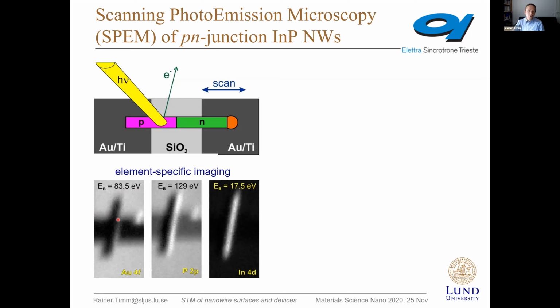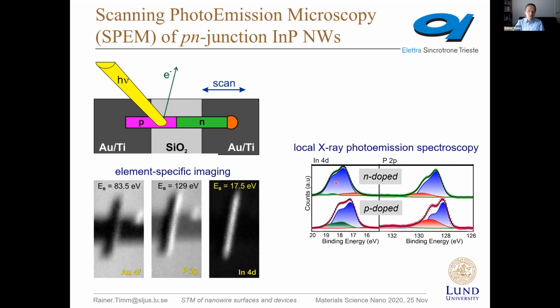If we choose to look at the gold, we can see lighting up here our electrodes shadowed by the nanowire. If we look at phosphorus, we see the wire, or if we look at indium, we see the nanowire. And of course, we also can then take spectra from the nanowires, photoemission spectra at the n-doped part or at the p-doped part. So we can look at the indium or at the phosphorus, and you can see a shift in energy between the n-doped and the p-doped part for both elements.